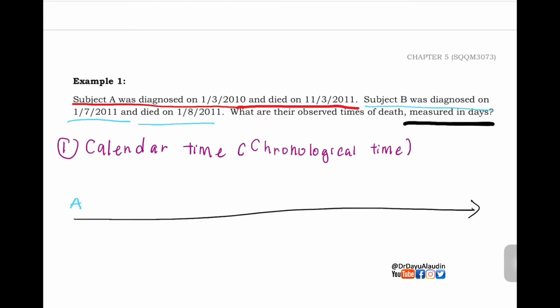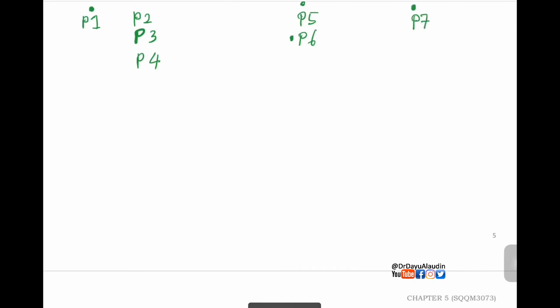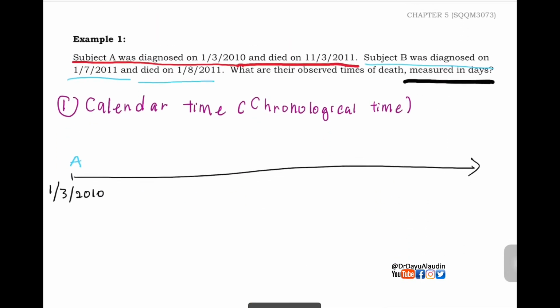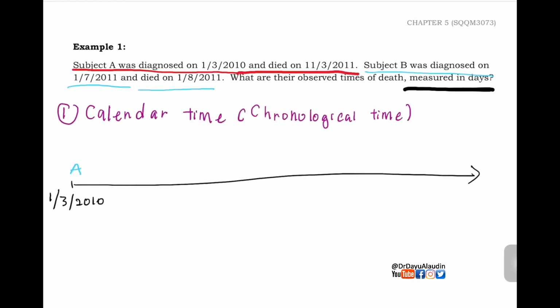1st March 2010, he was diagnosed and died on 11 March 2011. So that is more than 1 year. If it is more than 1 year, it's easier for you if you calculate until by a year.